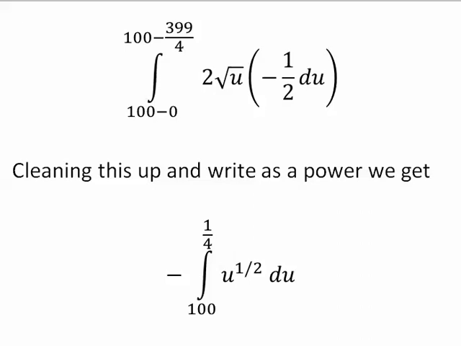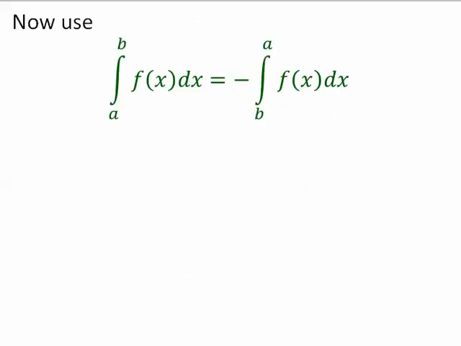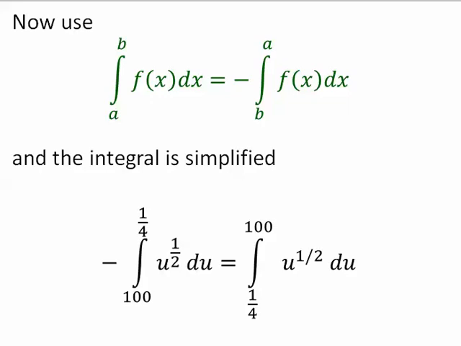All right, now I'm going to use this nice little formula that the integral from a to b is the negative of the integral from b to a. And that allows us to make our integral a little bit easier to manage. All right, so now that we've done that, it's time to integrate and evaluate.